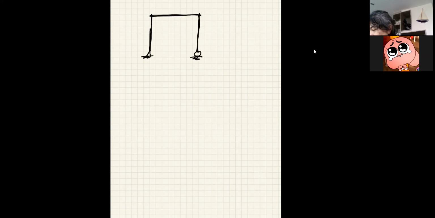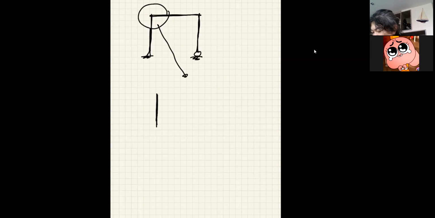All right, and then I'm going to cut the free body diagram of this member. As usual, after I cut the free body diagram, the internal forces come out right here, and then let's say we have a moment here.